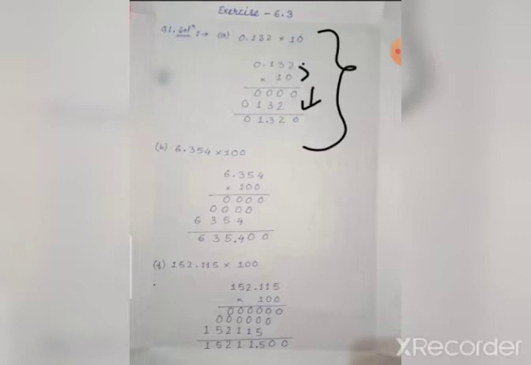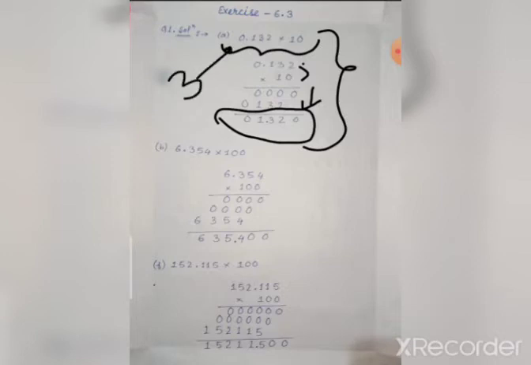Then come to the important point. We have to put the decimal. Remember after which number we put the decimal. You count how many decimal places there are. In 10 there is no decimal, and in 0.132 there are 3 decimal places. I have already told you to count the decimals from the right side.